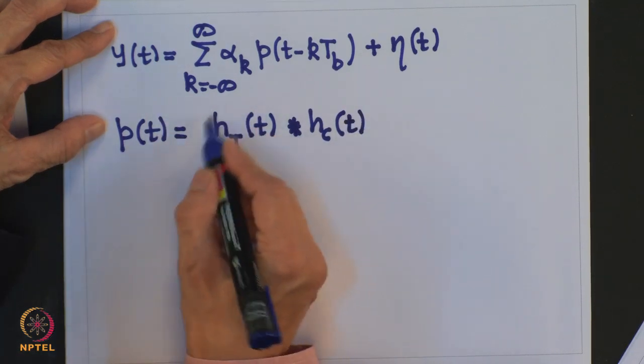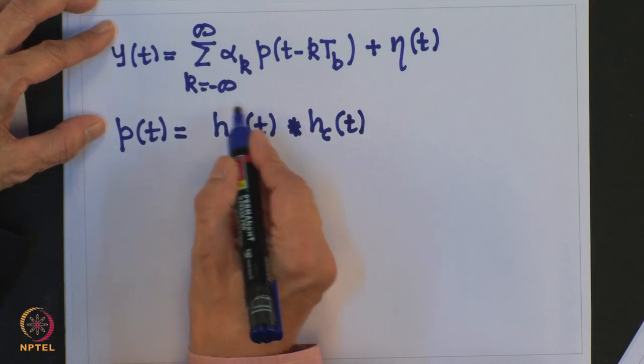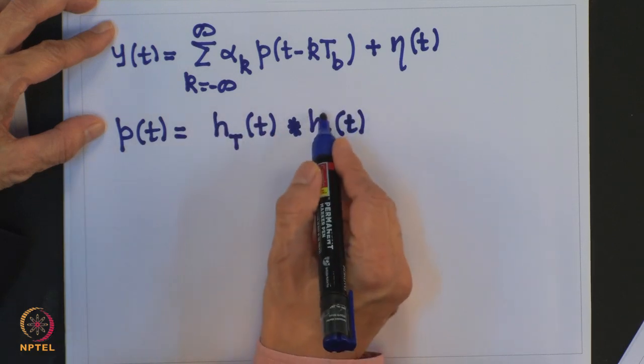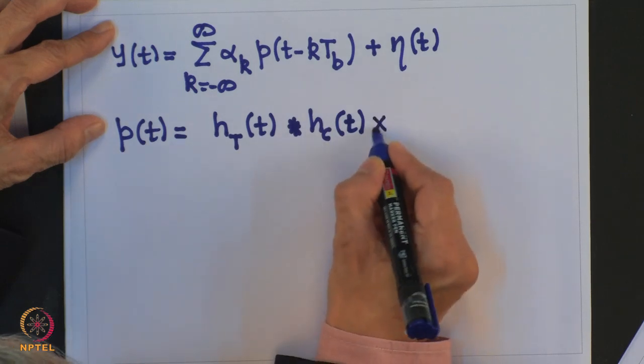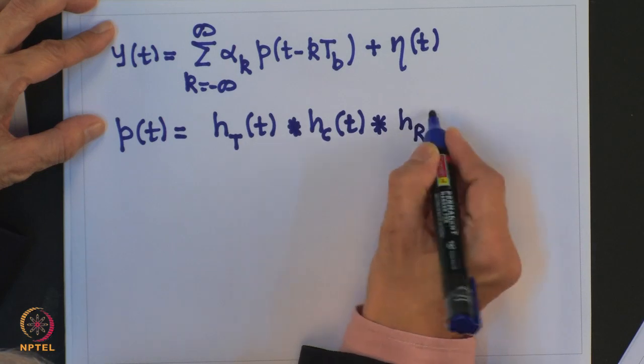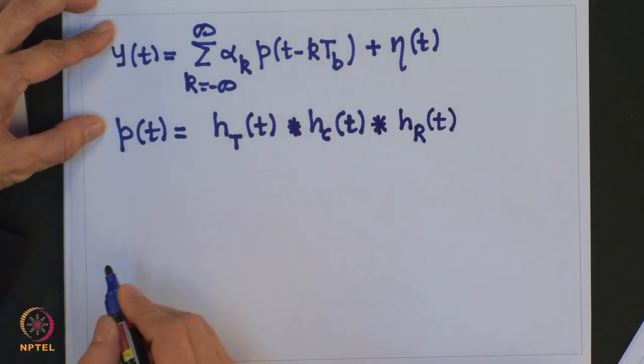PT is basically the convolution of the impulse response of the transmitting filter with the communication channel impulse response convolved with the impulse response of the receiving filter.